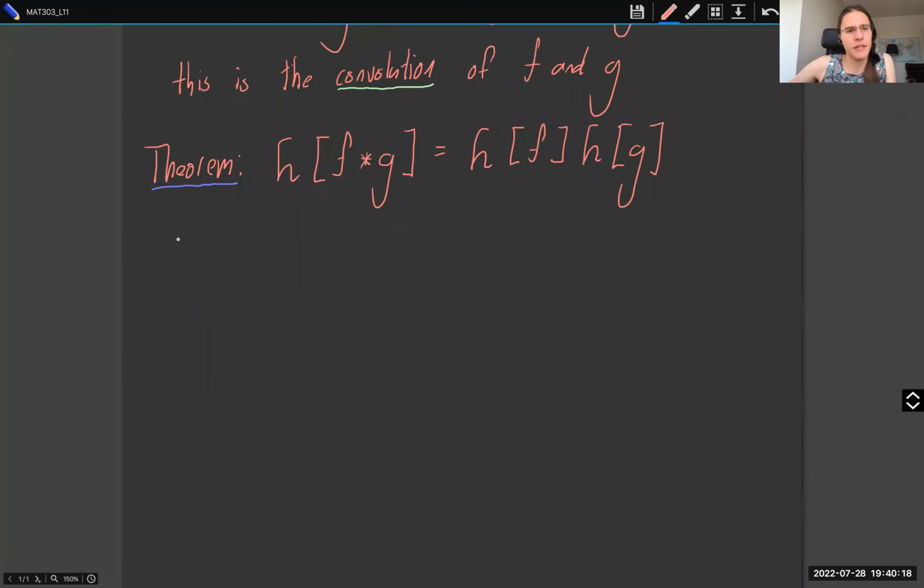So a corollary of this is that if you're taking the inverse Laplace transform of a product of functions, then that's equal to the convolution of the inverse Laplace transforms.